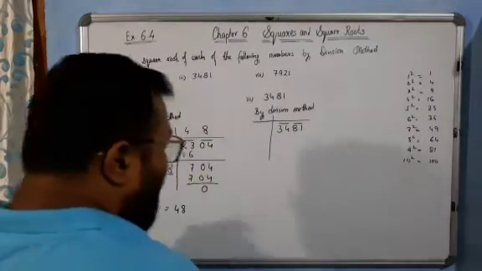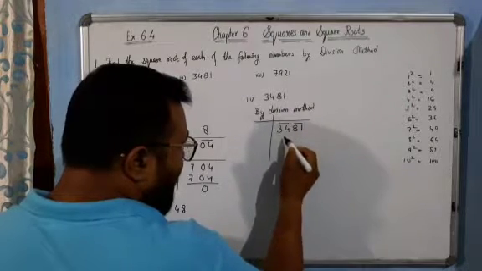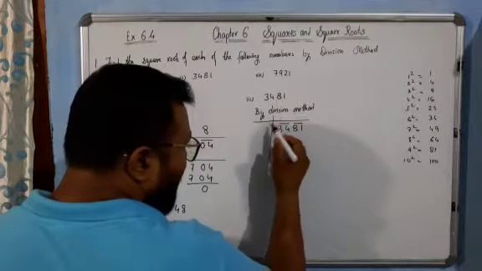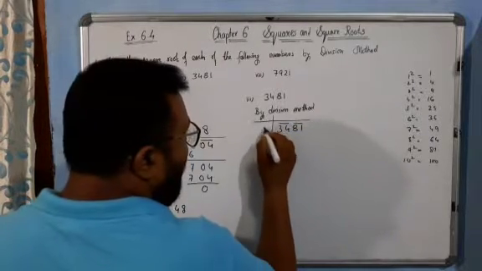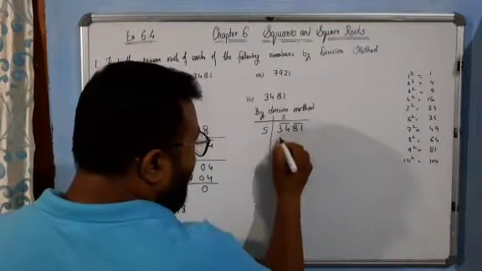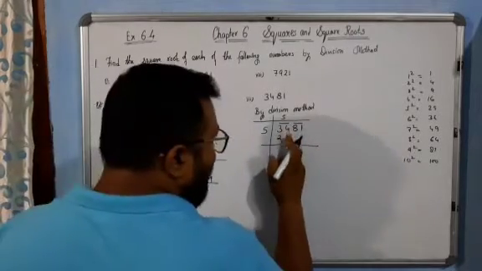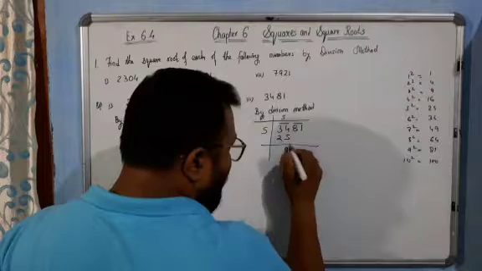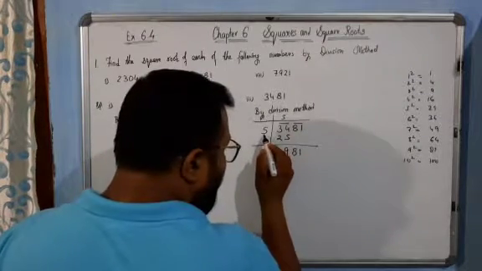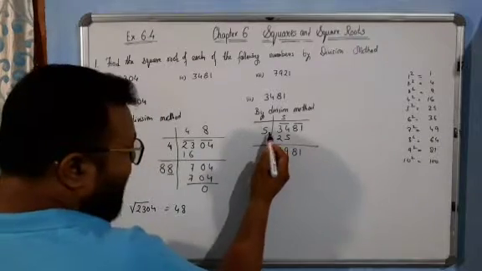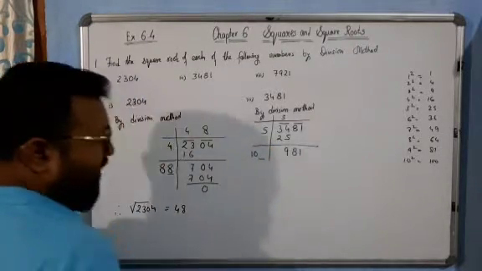Now 2 2 is 4, 3 3 is 9, 4 4 is 16, 5 5 is 25, 6 6 is 36. So we will use 5, 5 5 is 25. Now subtraction, 34 minus 25 is 9, then this pair will come down here, 8 1. Now again we will multiply the unit place here, the unit place is 5, by 2. How much? 10. We will leave one space here.